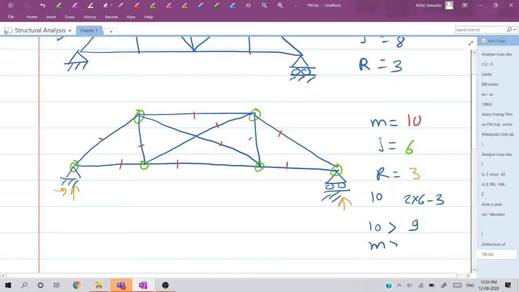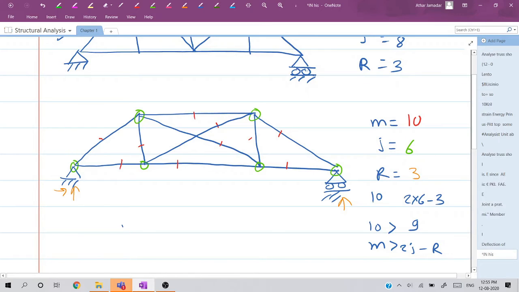So M is greater than 2j minus r. So this truss is going to be indeterminate, and in that also it is going to be a redundant truss. Remember, this truss is a redundant truss, and it is redundant by only one. That means M is greater than 2j minus r by one unit.